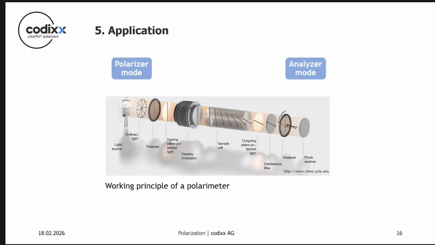This is a polarimeter, and at the start you have the light source, which emits ordinary light. Then you have a polarizer, which allows only one plane of the field vector to go through. Then you have the sample cell, an optically active material, which rotates the polarization.